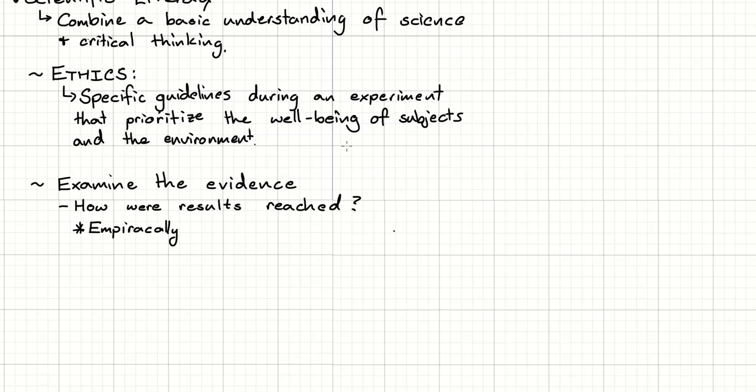Empirically just means, do the numbers back it up? If I have a sample of 10 that says, hey, I killed 10 cancer cells with this drug, but then a larger study said, hey, we tried it on 1,000 and it only killed 20. Those could be the same results, right? Yeah. But you have to make sure you're looking at how big the numbers were.